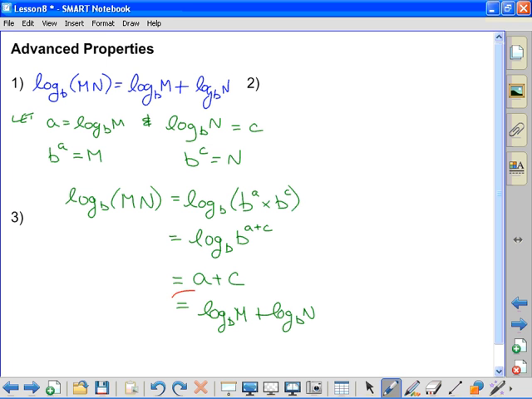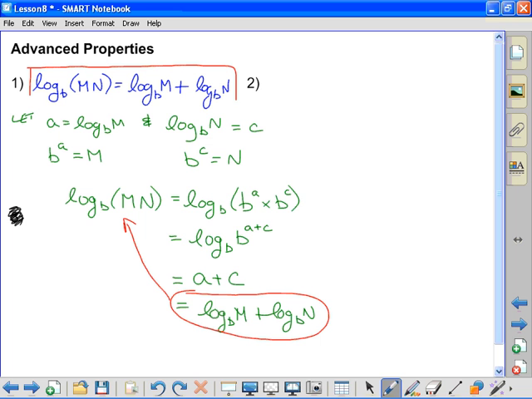So we've just proven those to be equal. I'm not going to go through and do every proof, but they're of the same nature. This absolutely must go on your cheat sheet.